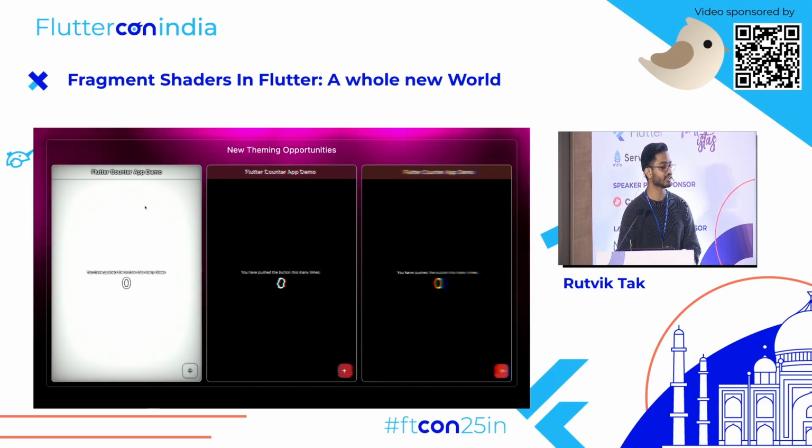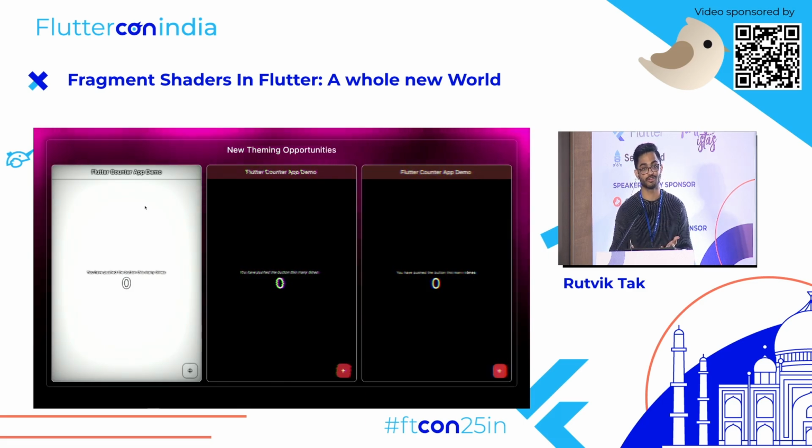One of the things that this unlocks is new theming opportunities. You might want your app to look like it's built in the 90s, right? Black and white, maybe with some distortion effects going on. You can basically do that with shaders. It is still interactive, but the whole theme has been changed due to the shader.